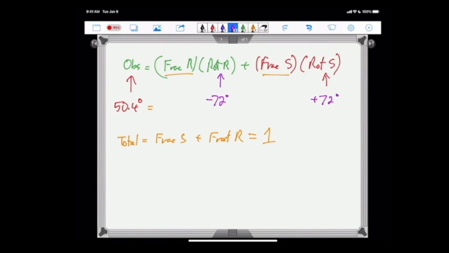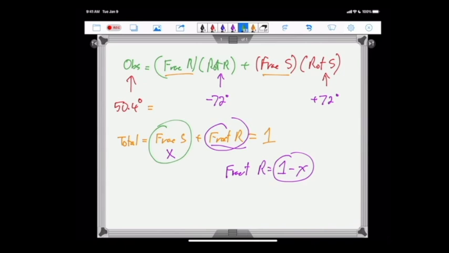So what I'm going to do is say, how much S I have, I'm going to call that X. I don't know this, but I can re-express it so that the fraction of R is equal to 1 minus X. So I have X that I can sub in for my fraction S, and 1 minus X for my fraction R. So now I've got a complete term with only one unknown.